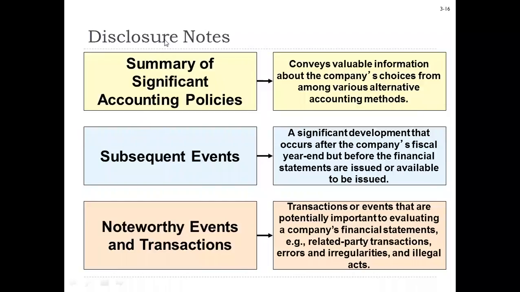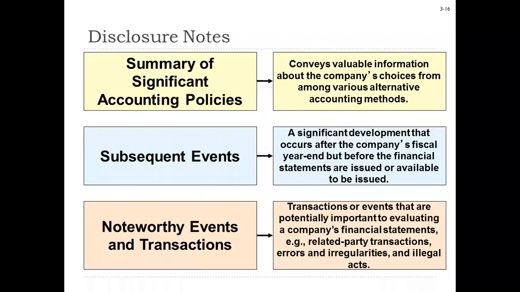The first disclosure, first footnote, is always summary of significant accounting policies. In that footnote, the company lists the different alternative accounting methods that they use. For example, depreciation. You remember that there's several different ways to do depreciation. There's straight line depreciation, double declining balance depreciation, sum of the year's digits depreciation.